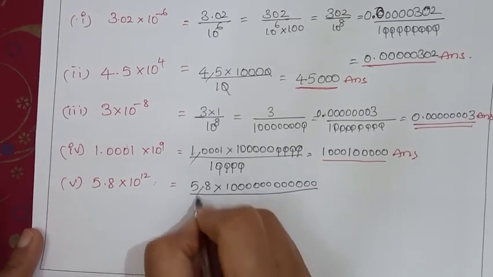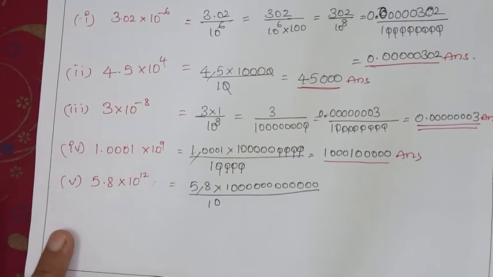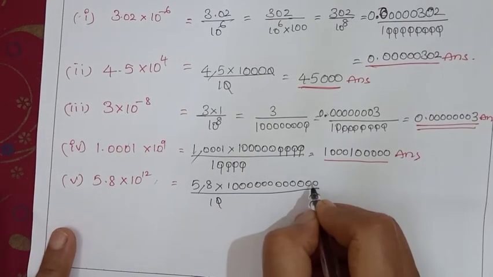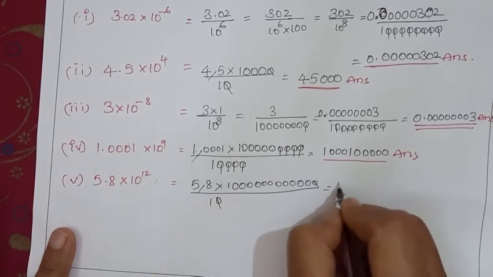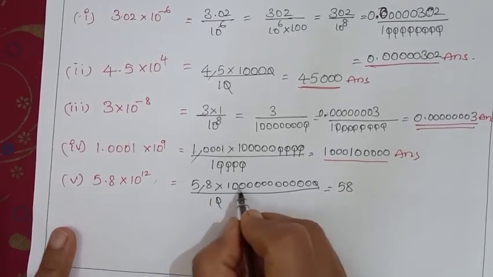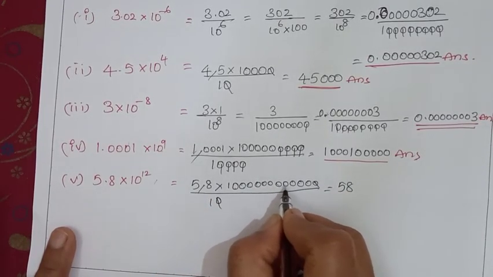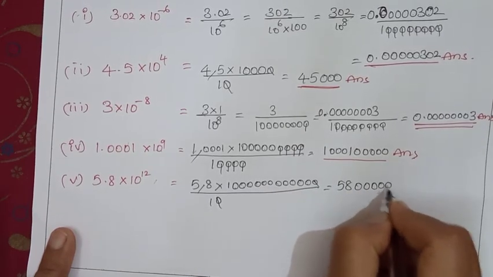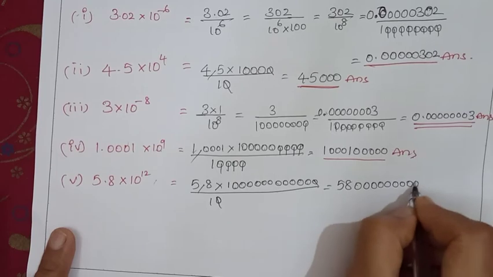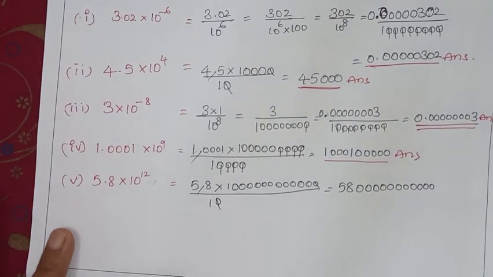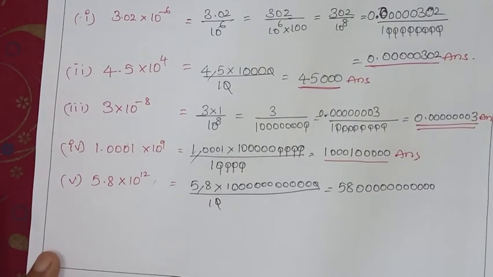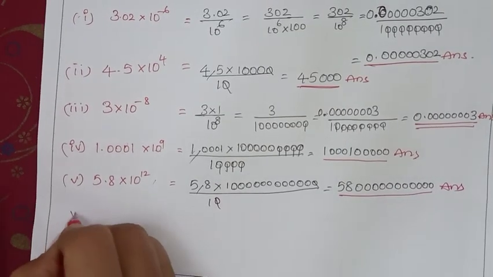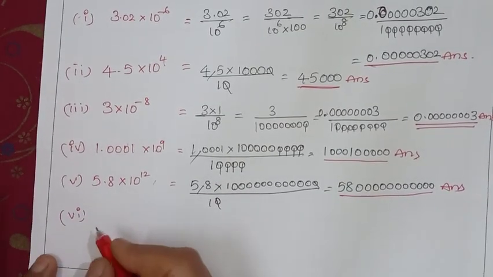And I have to remove this and I have to take 1 0 in denominator. Okay, 1 0 I can cancel. Now 58 after 11 zeros. This is the answer, and the last question is sixth question of this second bit.